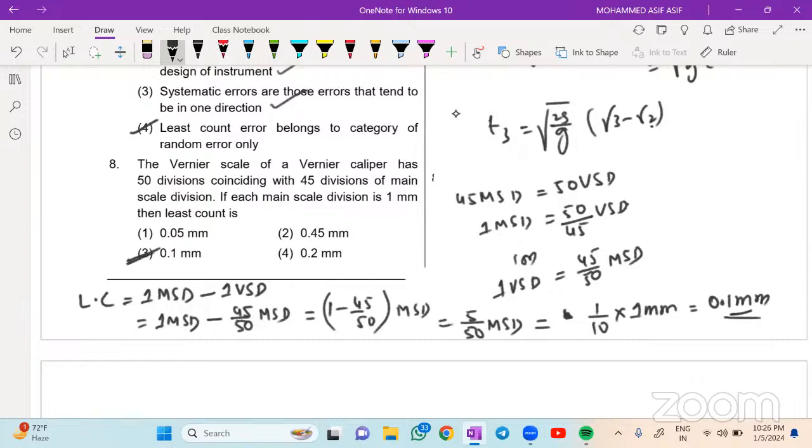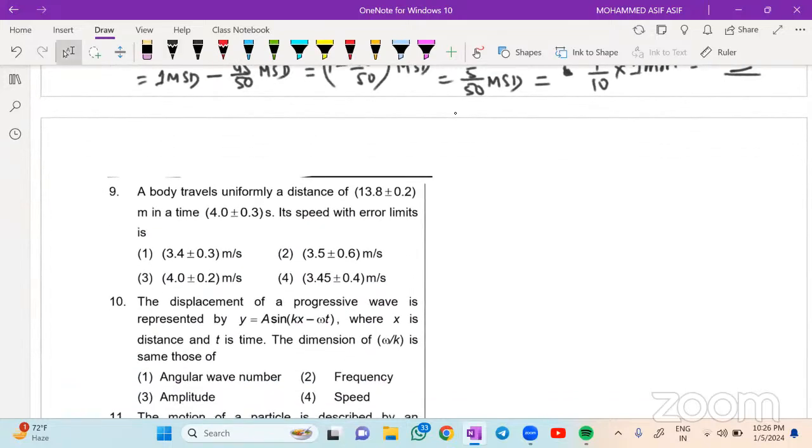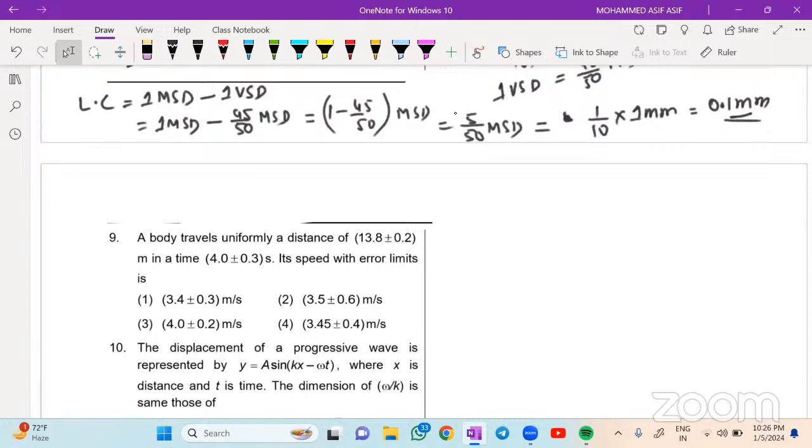Third option. Done? Sure. A body travels uniformly a distance of 13.8 plus or minus 0.2 meter in time 4.0 plus or minus 0.3 seconds. Its speed with the error limits will be equal to how much? Very good and simple question.